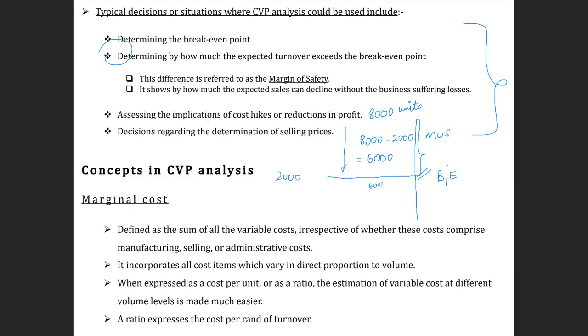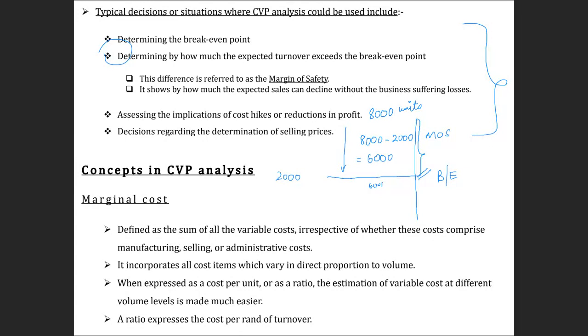But if it's now declining by more than 6,000, then you're going to have a problem because now the business is going to start to incur losses. So it's just literal to the words, a margin of safety. It's sort of a safety net in place saying to you that if production decreases and the company is performing badly in a particular period, the business is safe up until the point where production decreases by 6,000 units.